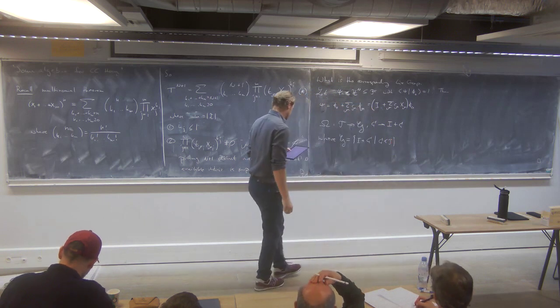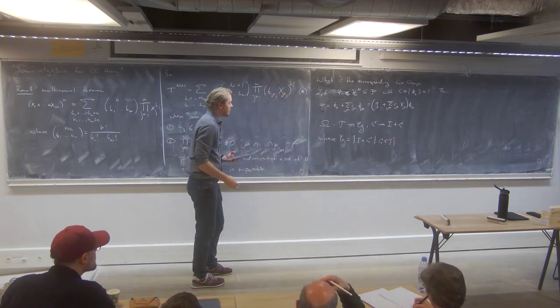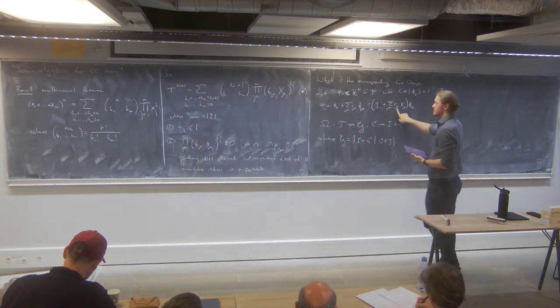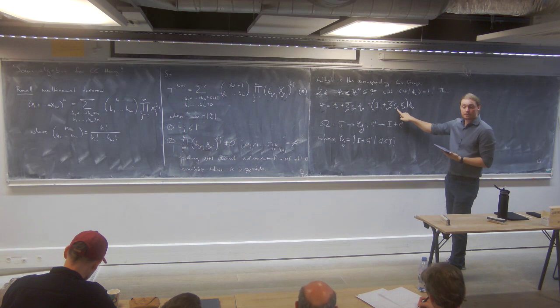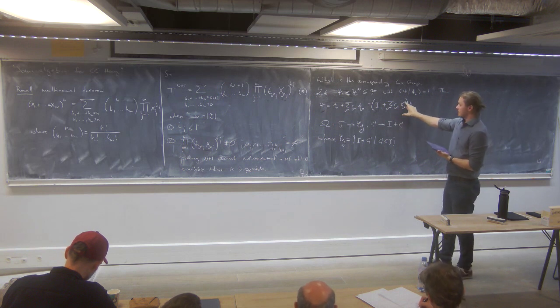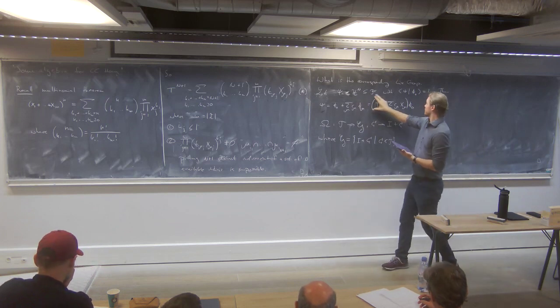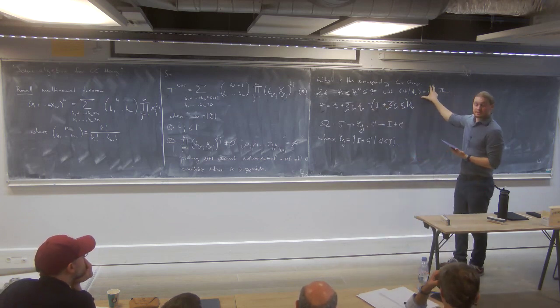By construction, this map is surjective, but also since these coefficients are unique, this map uniquely describes any state that is intermediately normalized.